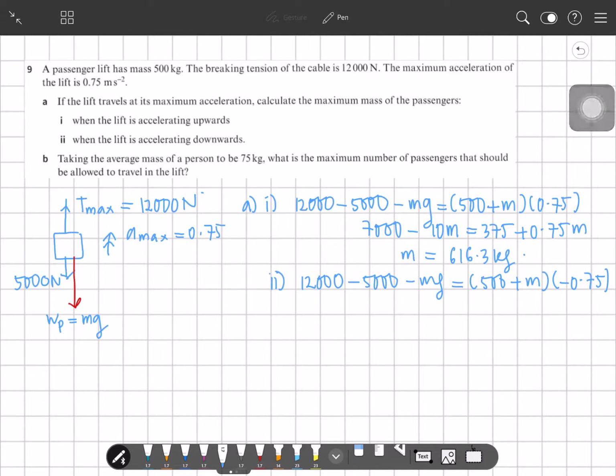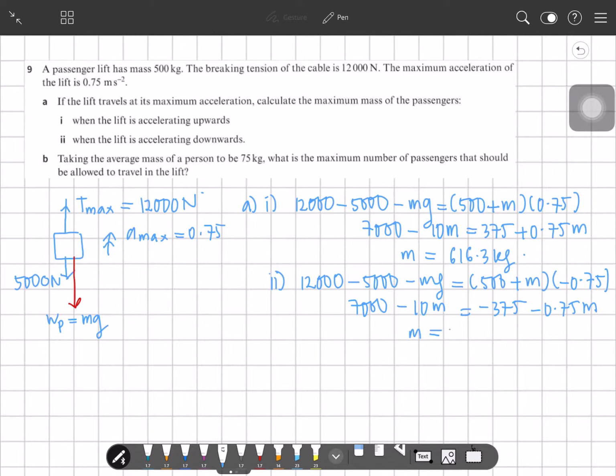Alright, so solve for the value of m. Simplify the equation first. We will have 7,000 minus 10m equal to negative 375 minus 0.75m. Solve for the value of m.